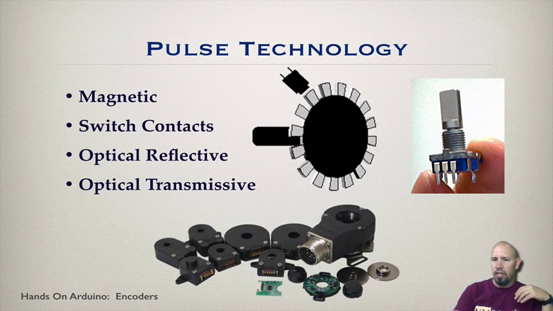Optical transmissive means that there is a light source and a photodetector, and in between is the disk, so the light passes through instead of bouncing off. So those are a couple of different ways that the pulses can be generated.